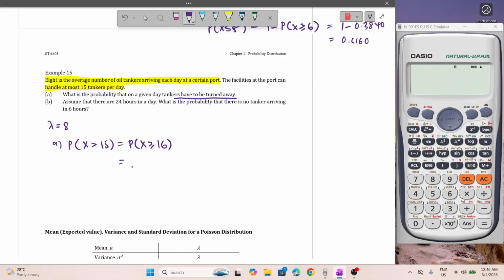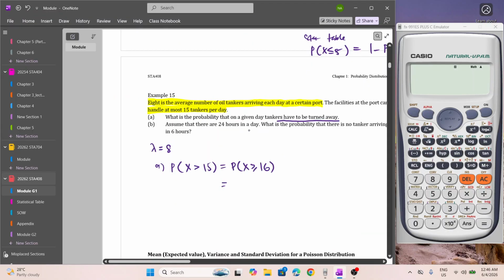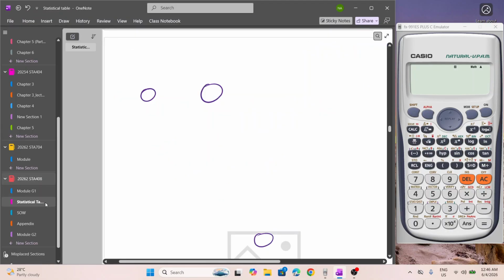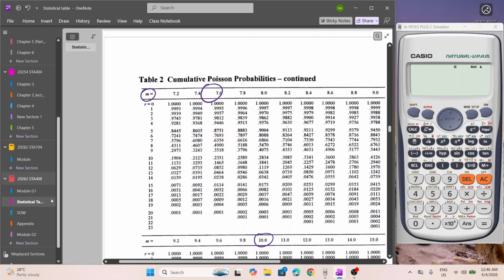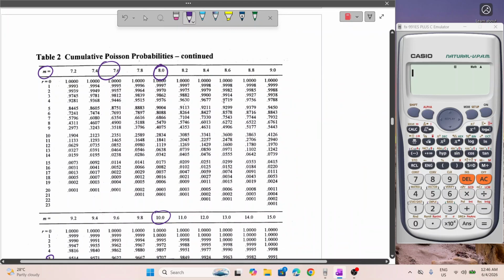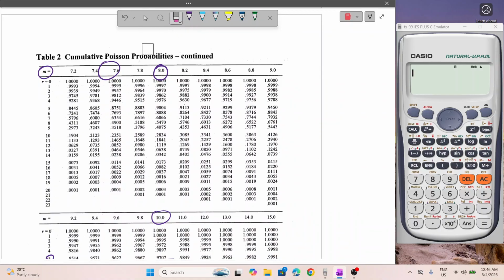All right, so now we have the information and you can proceed with the statistical table. The mean value is 8, right? And then you want to find the probability when 16 and above tankers need to be turned away.